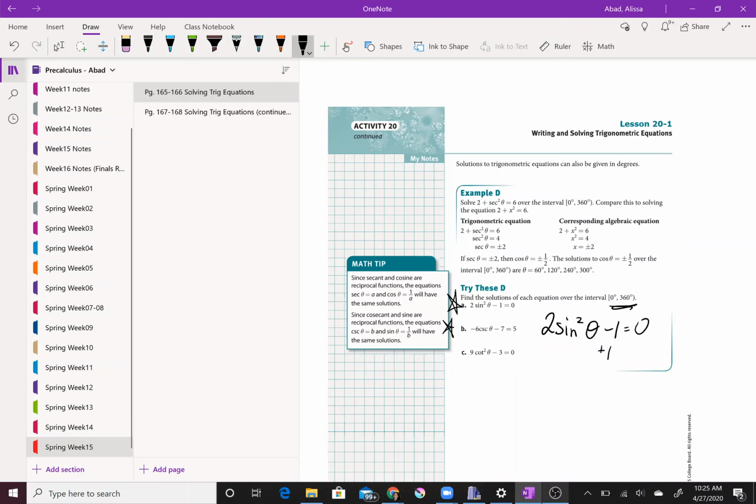I will need to take the square root on both sides, and since I'm taking the square root on both sides in an equation, I need to have a positive and negative for that. So that's going to be sine theta equals 1 over square root of 2. That's the same thing as square root of 2 over 2.